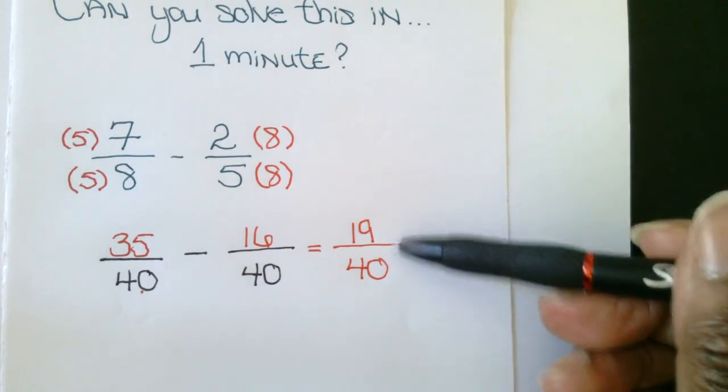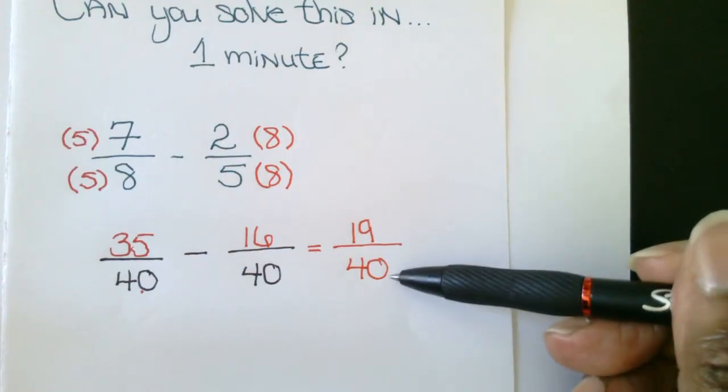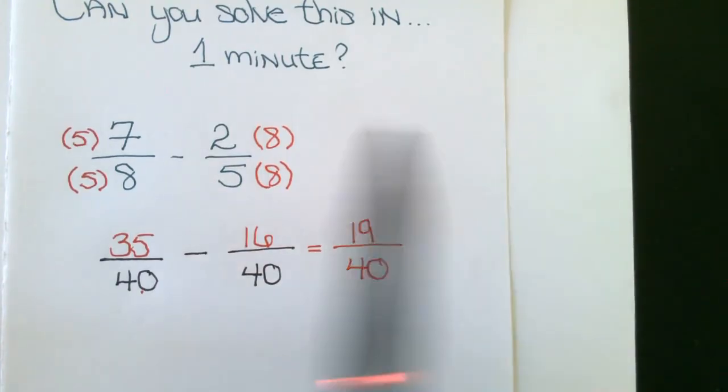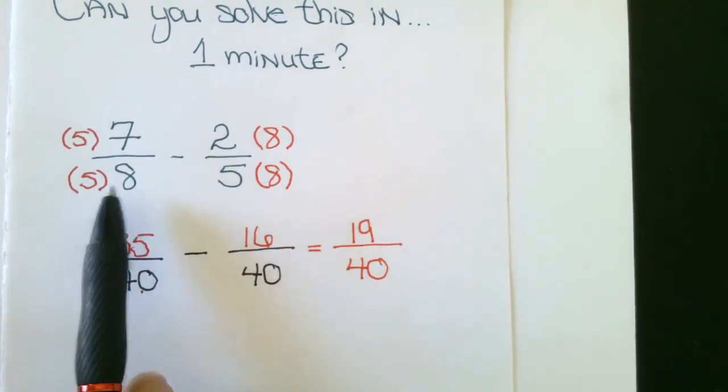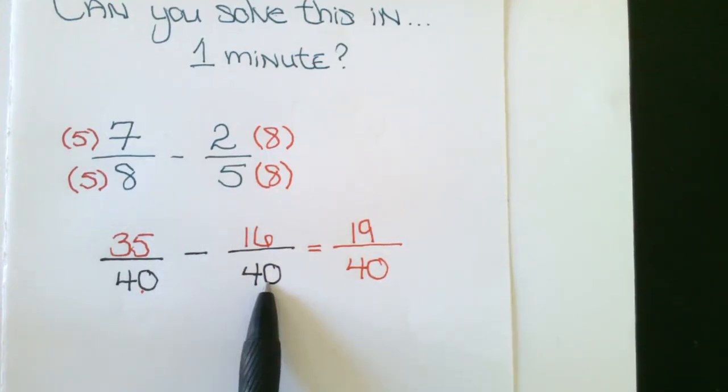So now I always take a look. Is there a number that 19 and 40 have in common if I ever need to reduce? Because sometimes when you multiply your denominators to figure out what your common denominator is, sometimes it's a little too high. So you might have to reduce anything.